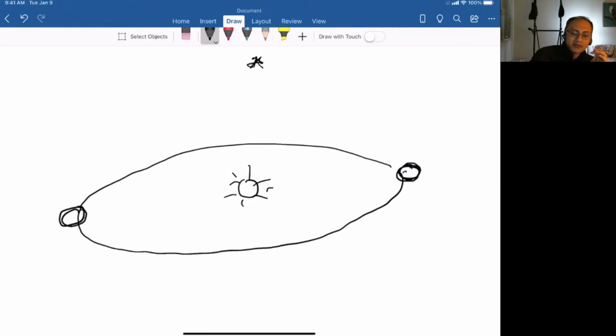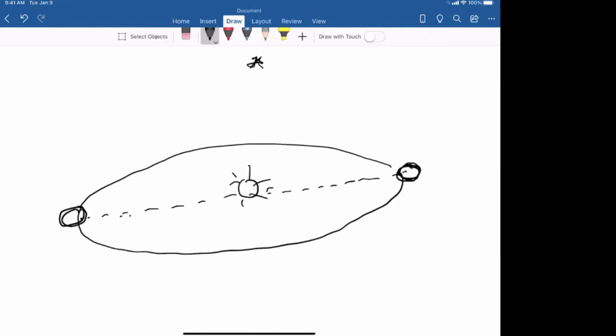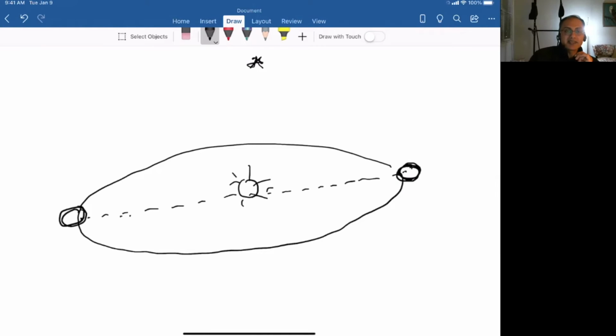And so now you have this huge distance as the baseline. Can somebody tell me what is the baseline distance now? 186 million. Yes, 93 million is the distance between the Earth and the Sun, so it's double that, 186 million miles.